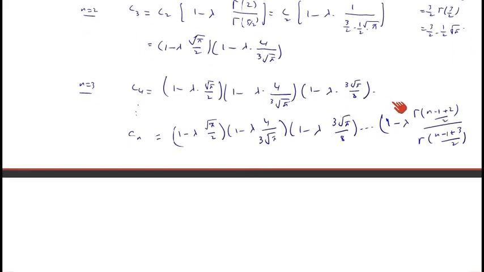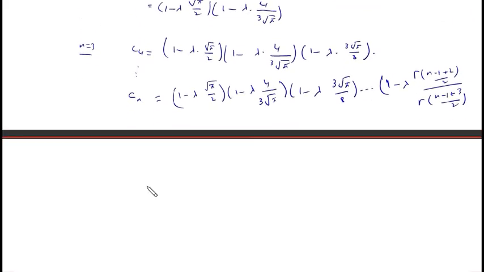Or using the infinite product, this can be written as C_n equal to the product from k=1 to n-1 of (1 minus lambda) gamma of (k+2)/2 over gamma of (k+3)/2.